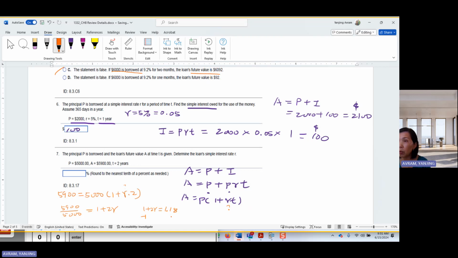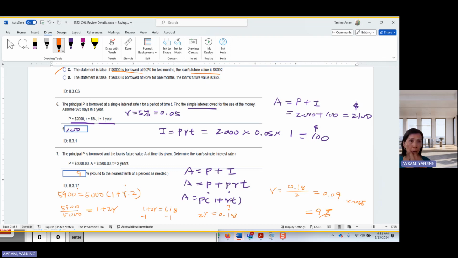And then we minus 1 on both sides, and that will give you 2R equal to 0.18. Then we divide both sides by 2, so R here is 0.09. If you multiply by 100%, that will give you 9% interest rate.